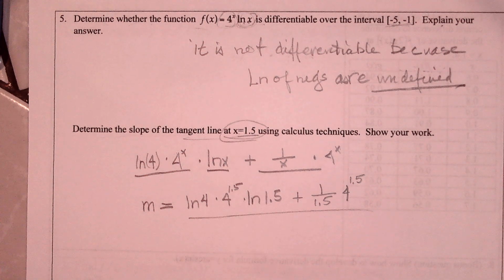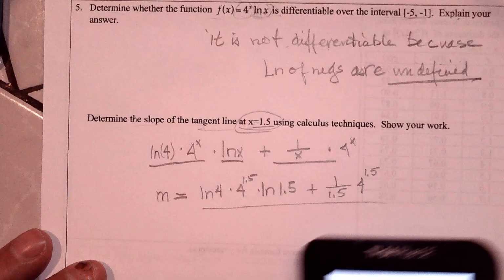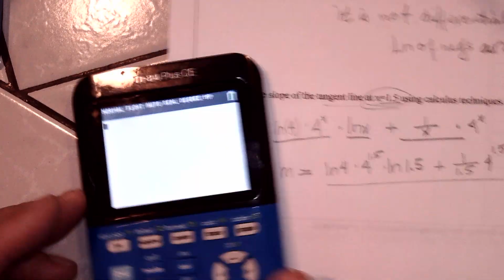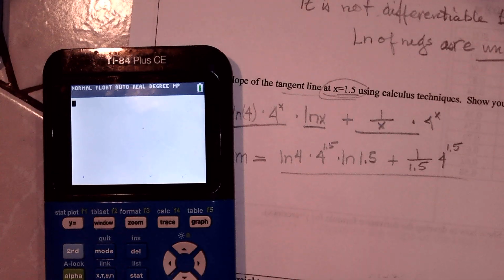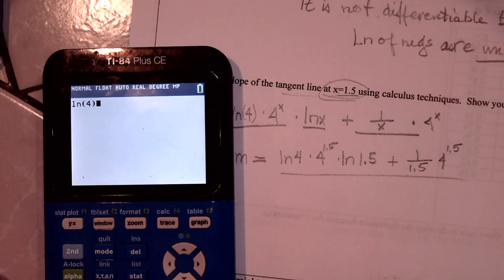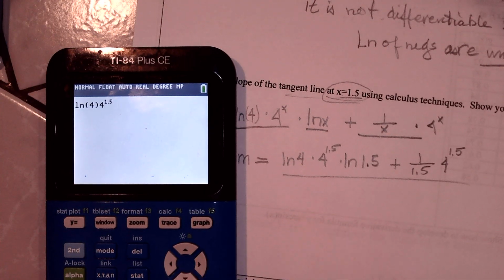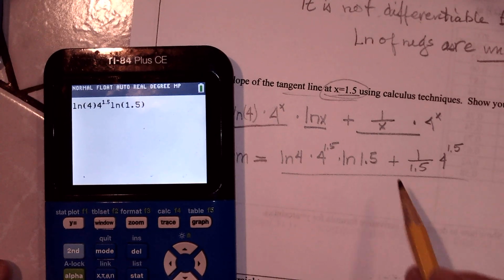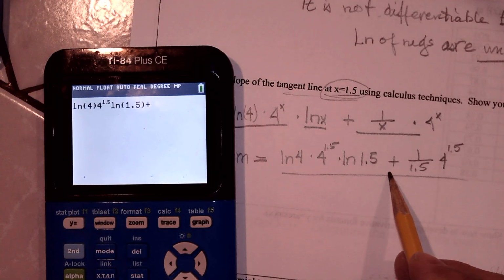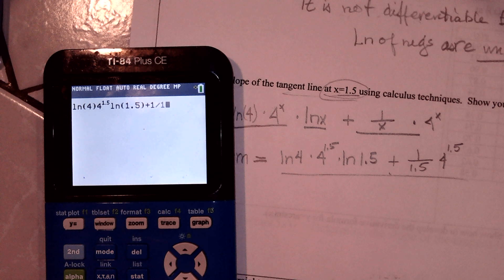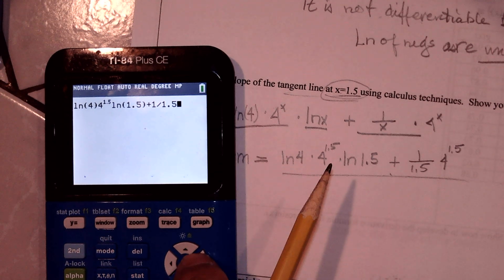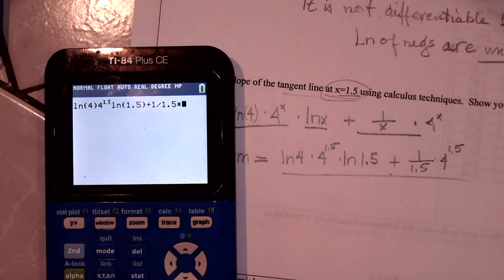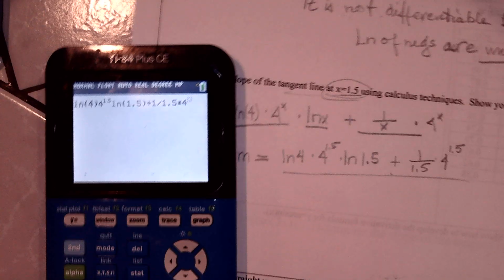I'll do that just so we have it, just in case you want to try. So I'll slide this over there and type in ln 4, close parenthesis, 4 to the 1.5, ln 1.5, close parenthesis, plus 1 divided by 1.5 times 4 to the 1.5.